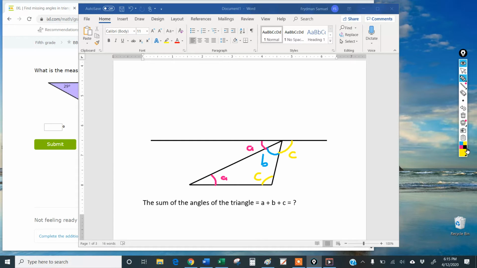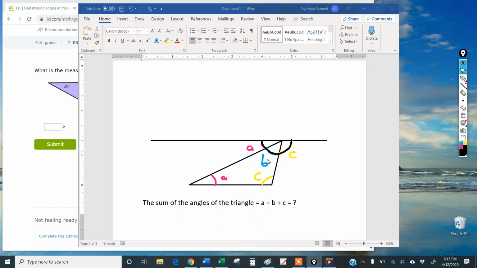So if I start over here and I go through A and through B and through C, I just made a straight angle. 180 degrees is called a straight angle. And I know that it's 180 degrees because it made a straight line over here. So I know that A plus B plus C must be equal to 180 degrees.